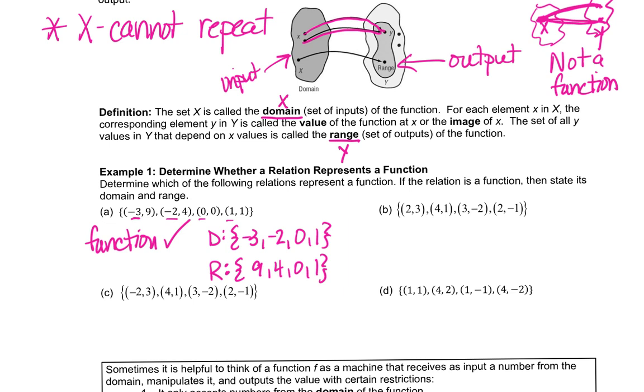All right, B. So I've got 2, 4, 3, and 2 again. So this is not a function. It is not a function because the 2 repeats.